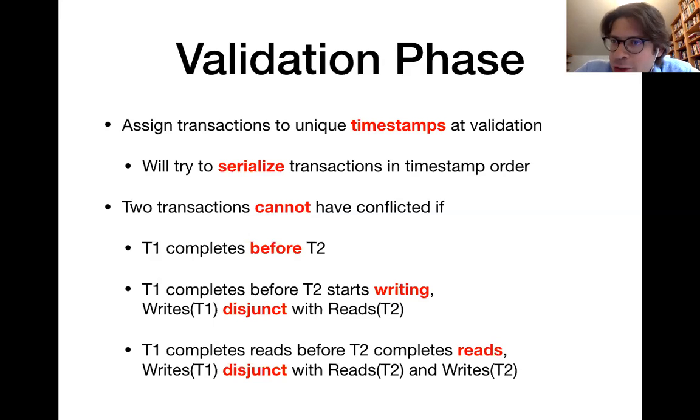So if that holds, then we can be sure that the first transaction hasn't influenced the second transaction. So here, both of them cannot have conflicted in a bad way.